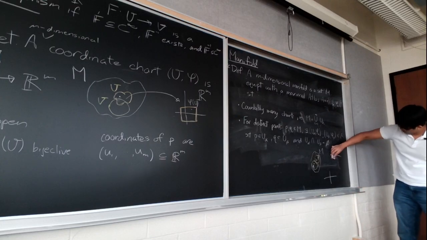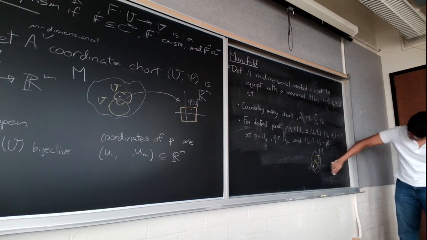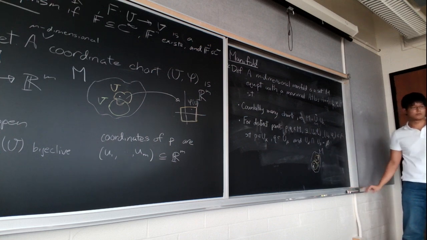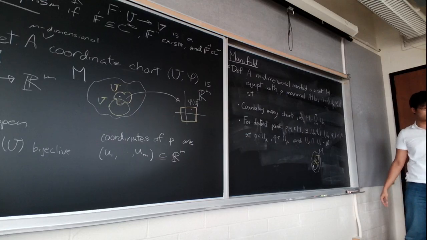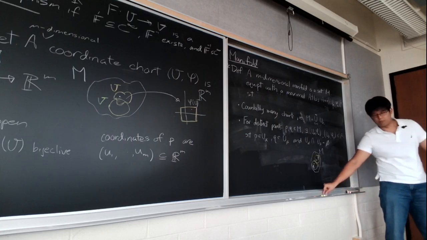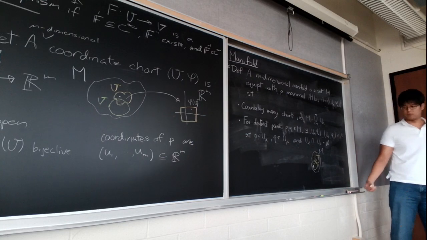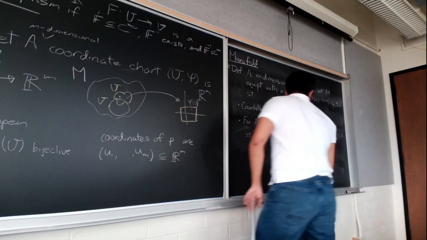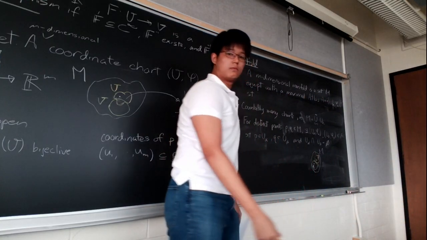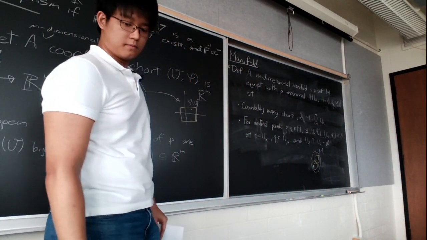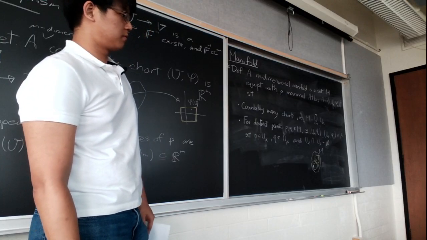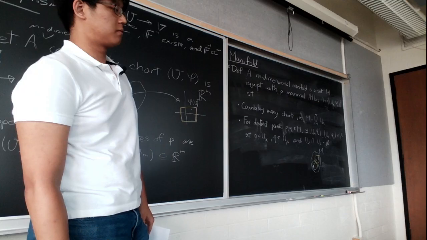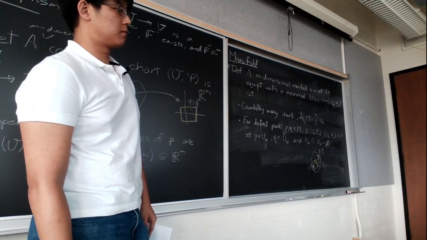Why do we impose it? It lets me tell apart any two points using these charts, which I'm going to use to tell you which functions are differentiable or continuous.